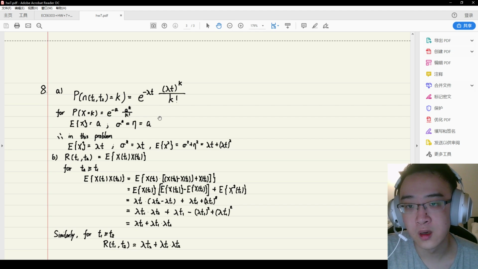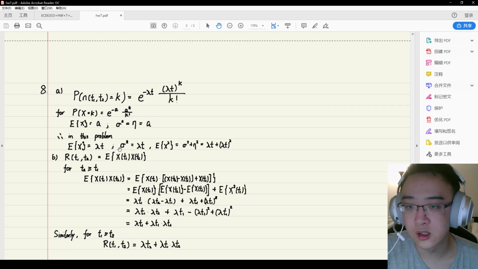For this problem, we just use lambda t to substitute the a, so the expected value for this whole function is equal to lambda t.